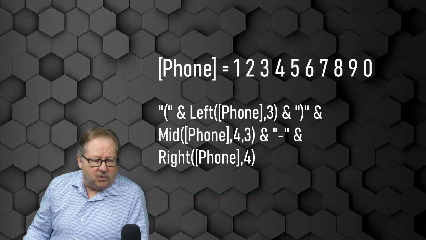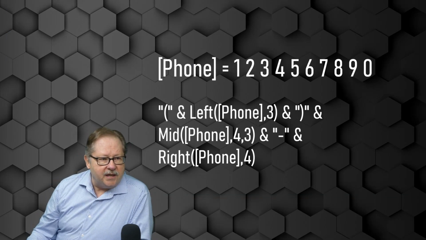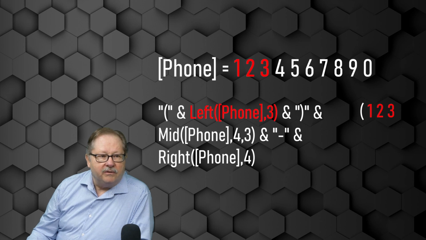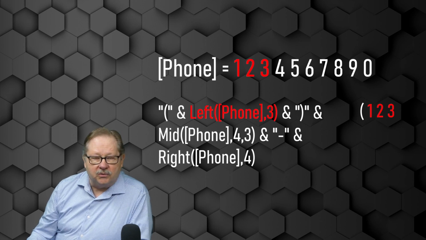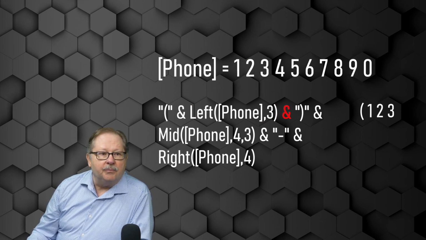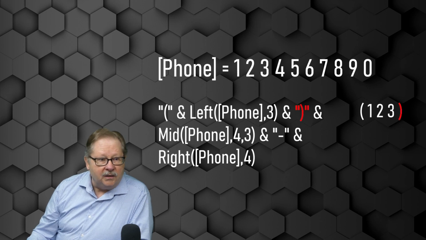What we're looking for is to take the phone field. We're going to put a paren, and then we're going to concatenate the left of phone, the 3 characters to the left of phone. Those 3 characters, of course, are the area code. Then we're going to ampersand and put a close paren on that one. We're going to ampersand and do a mid-string.